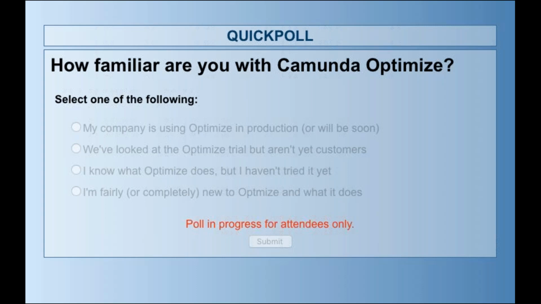All right, seeing a lot of responses rolling in. Thank you for that. We'll keep it open for another 20 seconds or so, and we'll share the results and get started with the heart of the webinar.